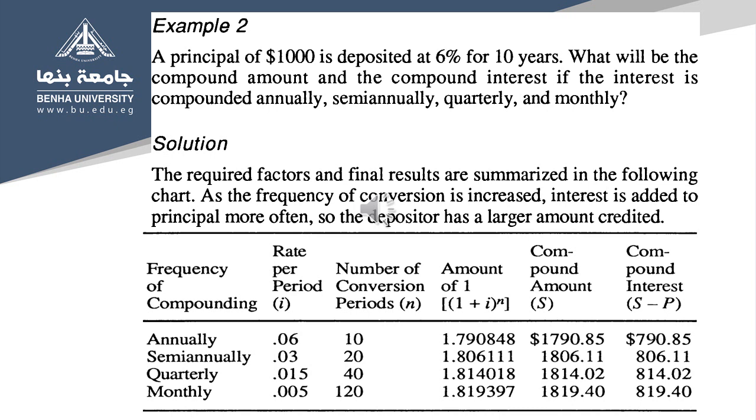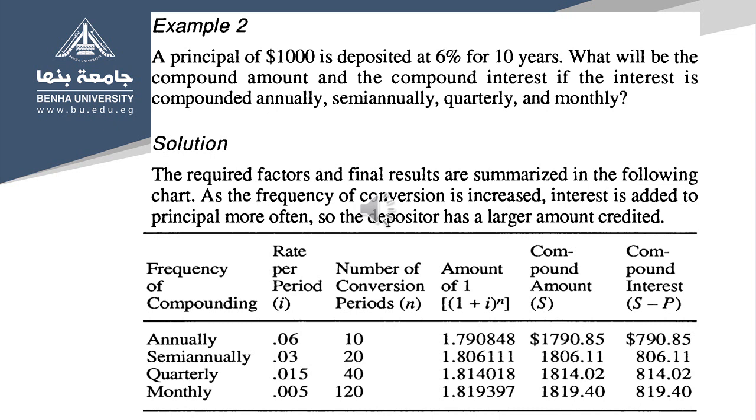What about quarterly? 6% must be divided by 4. So that rate per period i equal 6% divided by 4 equal 0.015. And the number of conversion periods in 10 years must be multiplied by 4. 10 multiplied by 4 equal 40.